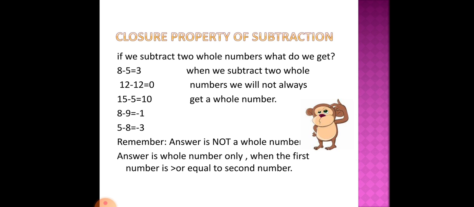Next, closure property of subtraction. If we subtract two whole numbers, what do we get? 8 minus 5 equal to 3. 12 minus 12 equal to 0. 15 minus 5 equal to 10.